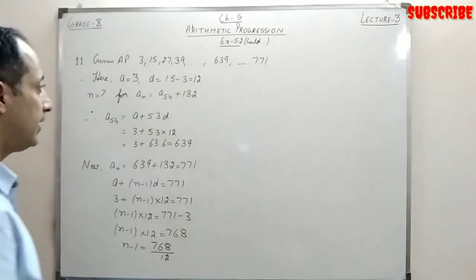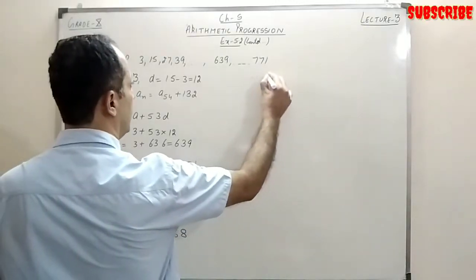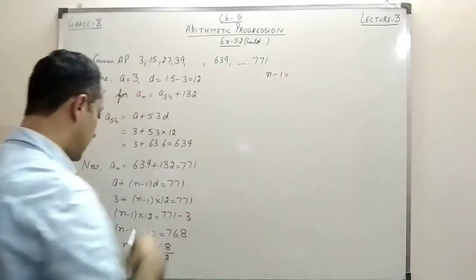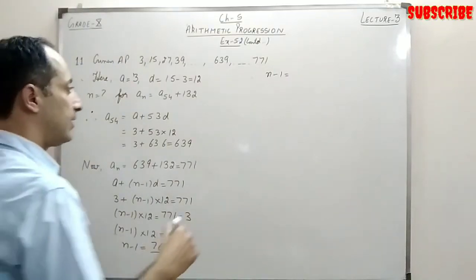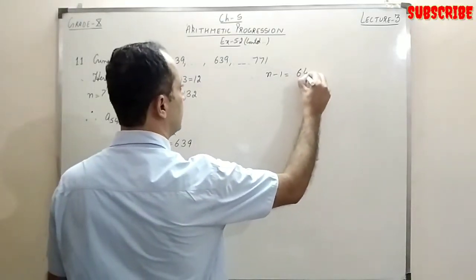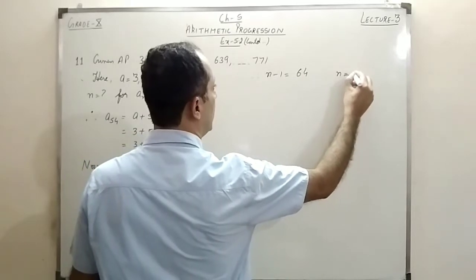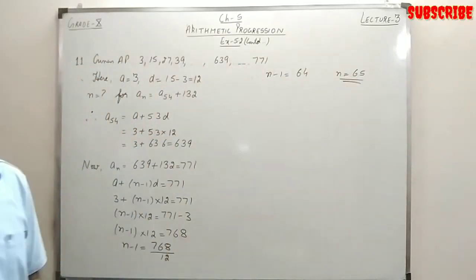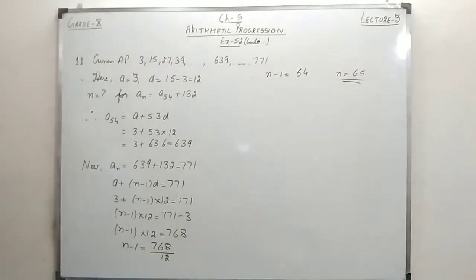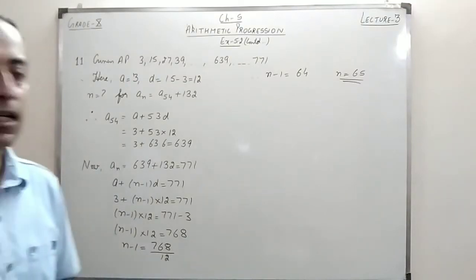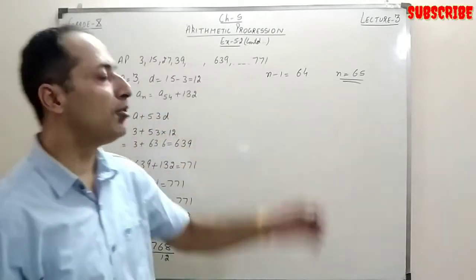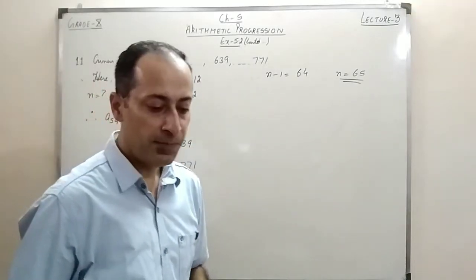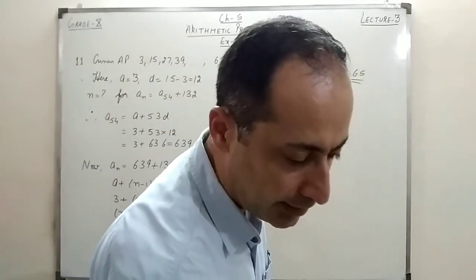After dividing, therefore n minus 1 equals 64. So therefore n will be equal to 65. It means this 771 will come at the 65th number of the AP if we continue to write the AP.